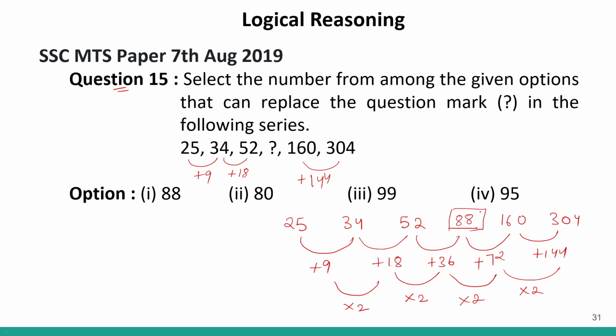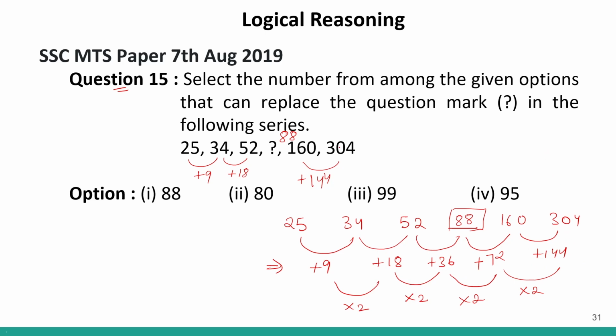So 88 follows logically with the previous number as well as with the next number. So basically, we are adding the number starting from 9. Then we multiplied it by 2, got 18. Then we added it. Then we multiplied it by 2 and got 36. And we added it. So on and so forth until we reach 304.